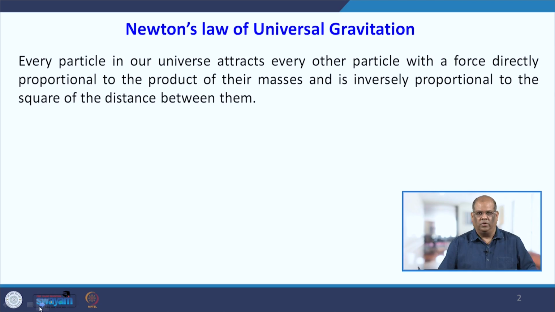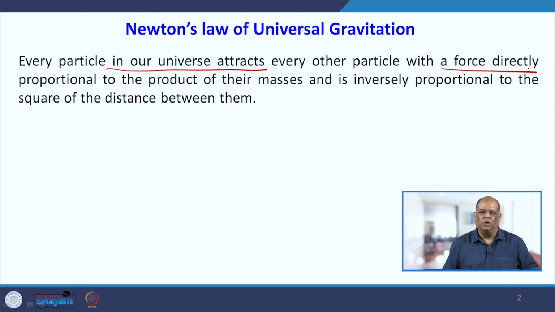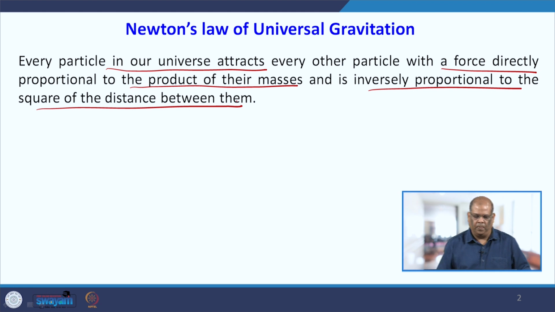To start with, we look into Newton's law of universal gravitation, which says that every particle in our universe attracts every other particle with a force which is directly proportional to the product of their masses and inversely proportional to the square of the distance between them.